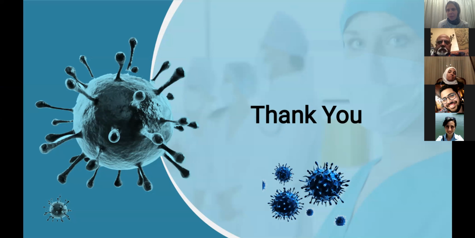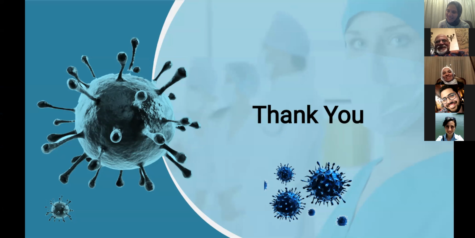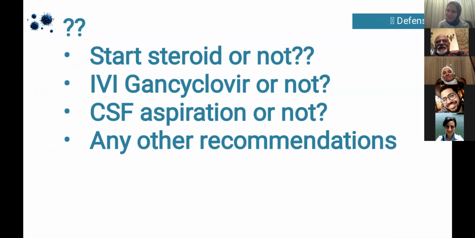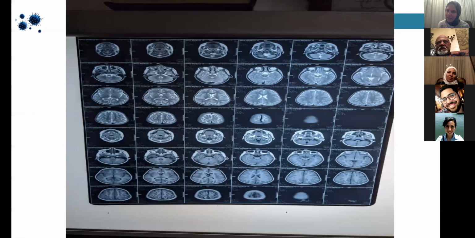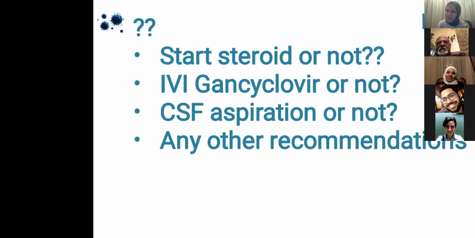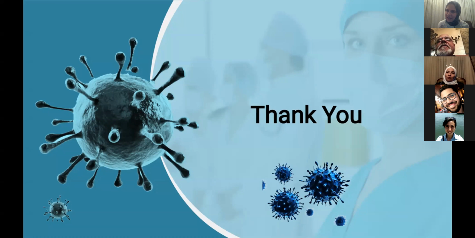Dr. Gehad, please comment. I think for this patient we should look in more detail and search for a cause of being immunocompromised. How would she get cytomegalovirus if she was not immunocompromised from the start?